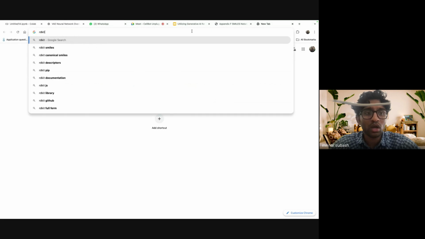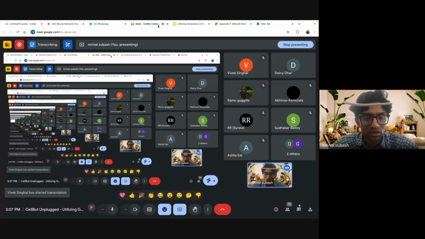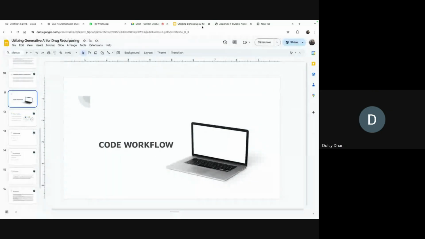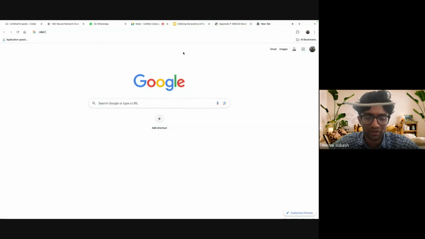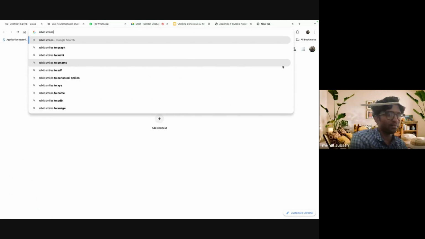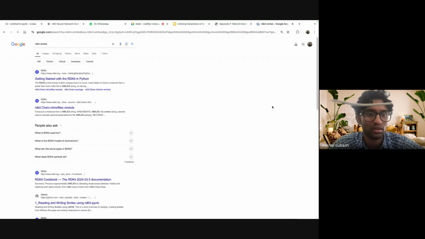From what I know, it contains all the human-discovered SMILES compounds. But to cross-verify, let's just look, because I don't want to tell something that might be wrong.